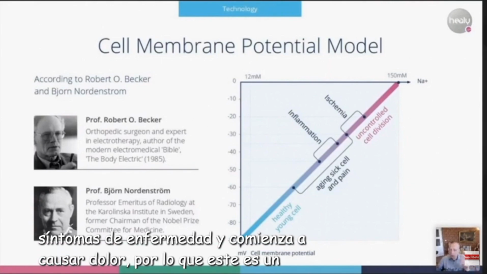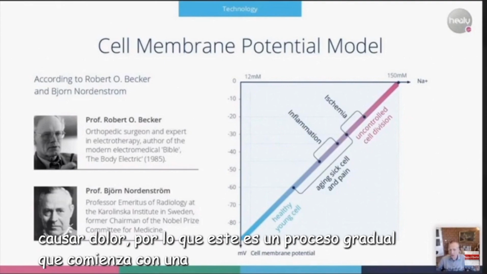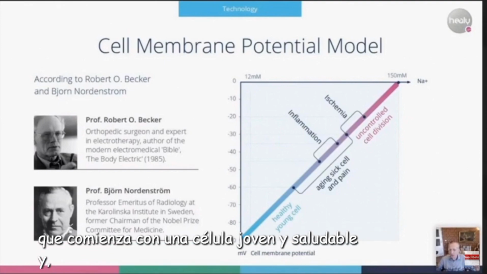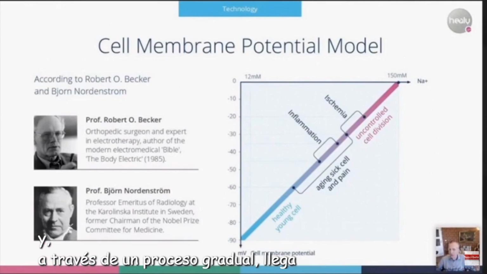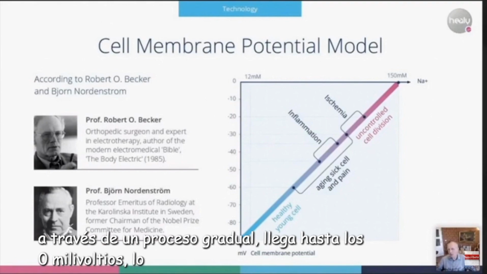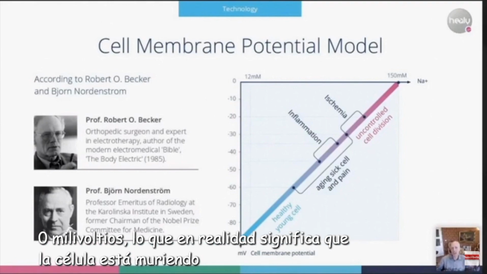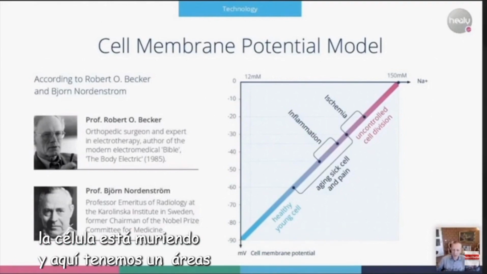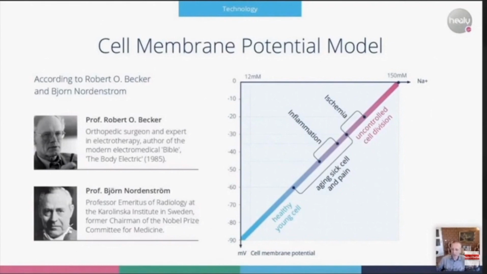So this is a gradual process which starts with a young and healthy cell, and through a gradual process goes until 0 millivolt, which actually means that the cell is dying. And here we have areas where inflammation or ischemic situations or pains are predominant.